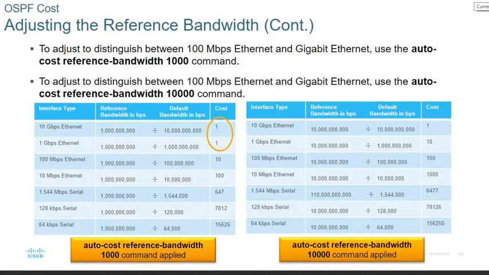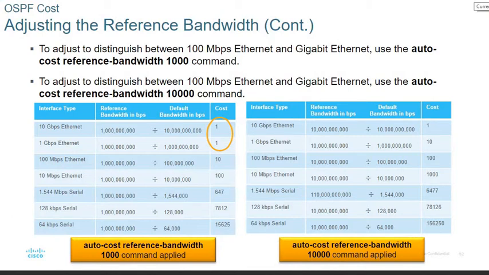15,625. Interface type preference, default bandwidth in bits per second, with the auto-cost reference bandwidth 10000 command applied. 10 Gbps Ethernet, 10 billion. 1 Gbps, 100 megabits per second, 10 megabits per second, 1.544 megabits per second.